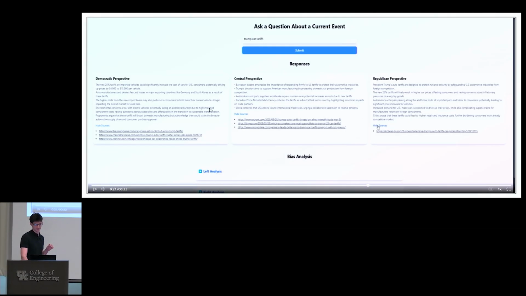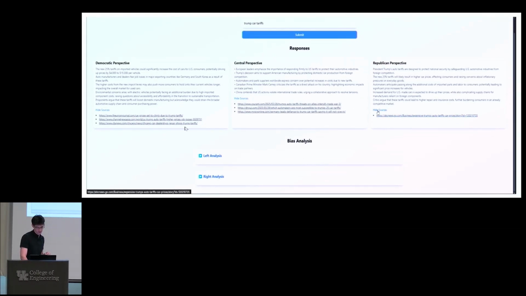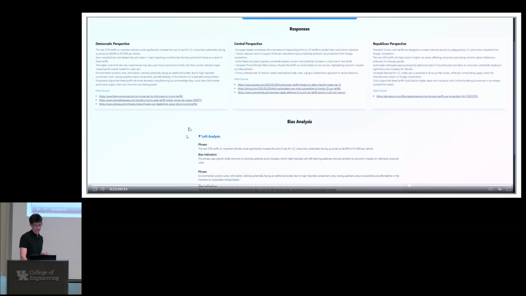That process is repeated for all three of them, and then you can see these main points that are extracted, as well as these specific sources. Then down below, this video will start again, there is the bias analysis. You can see it extracts a specific phrase from the left perspective, and then it gives you the bias indication.